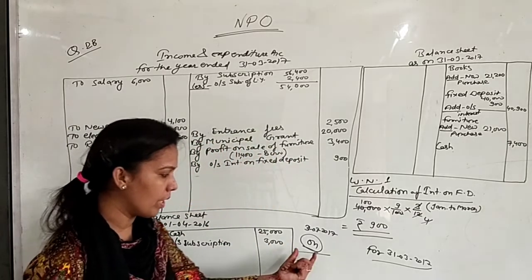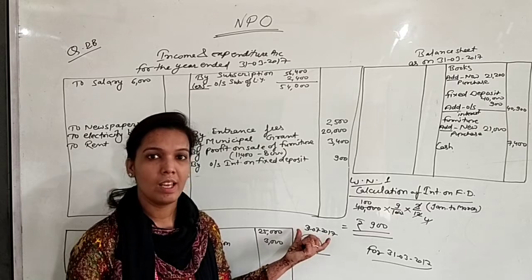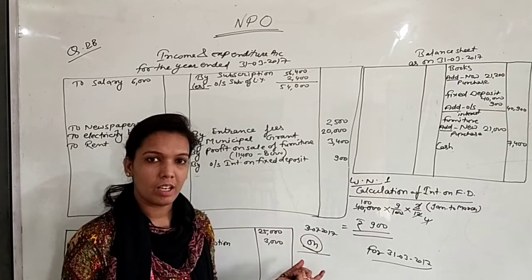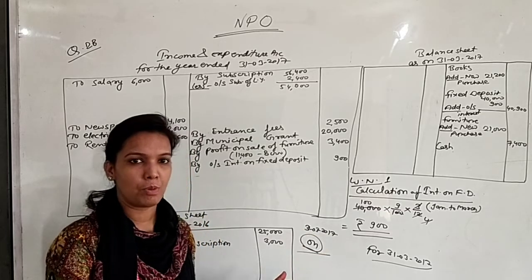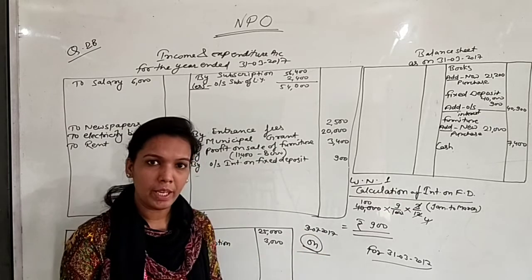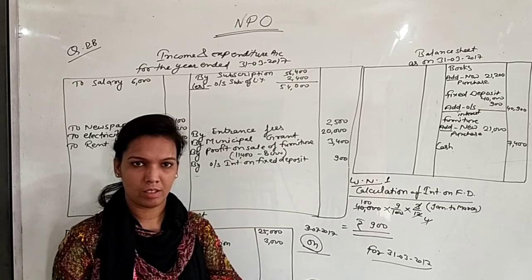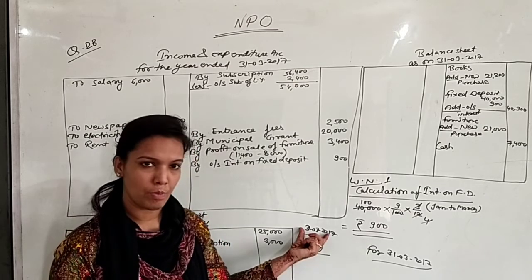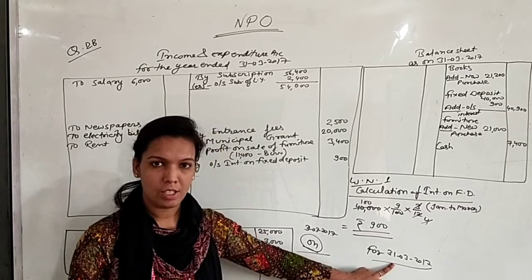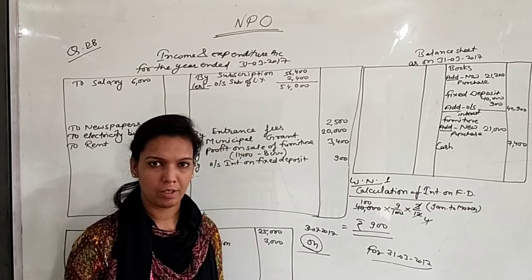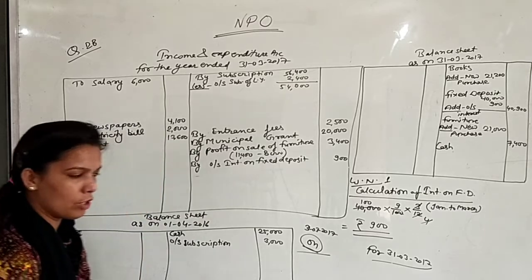Whenever the question says on 31st March 2017, that means till the current year, till 31st March 2017, this is your total subscription due. In this, there may be included any due of last year. So this is on 31st March, and for 31st March 17 means the subscription is due only for the current year.